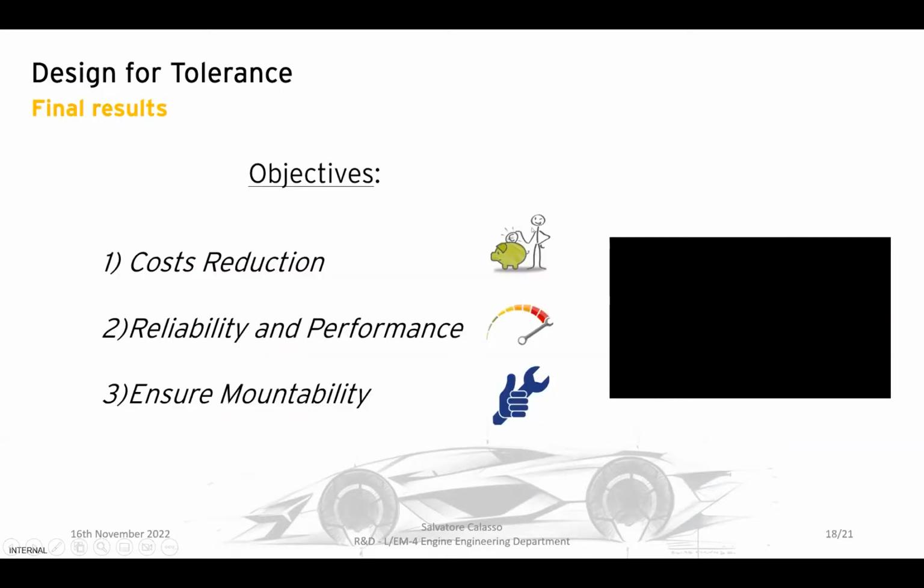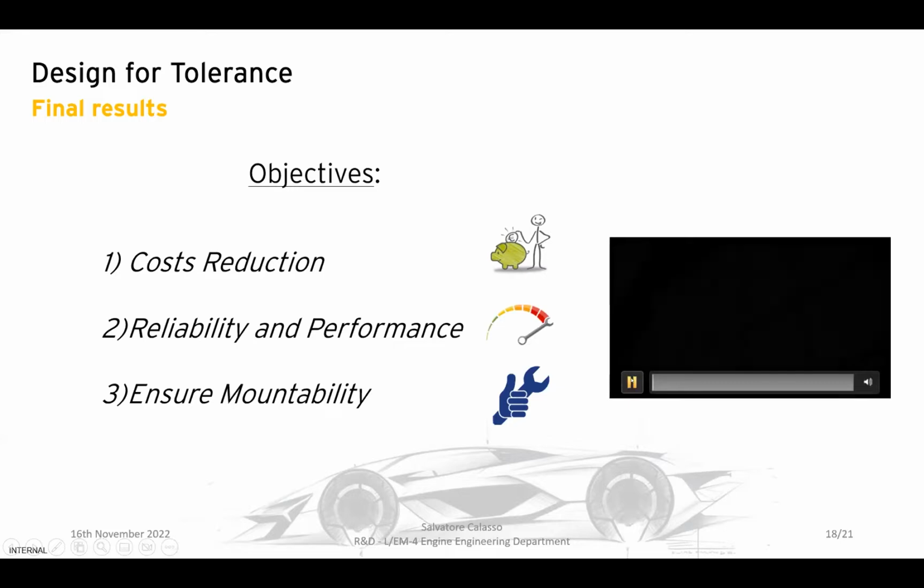So the goal was the cost reduction, the reliability and performances, and the answer of the mountability. Due to this method, we were able to analyze the three cases. And now I want to show a result of using this method on our product.